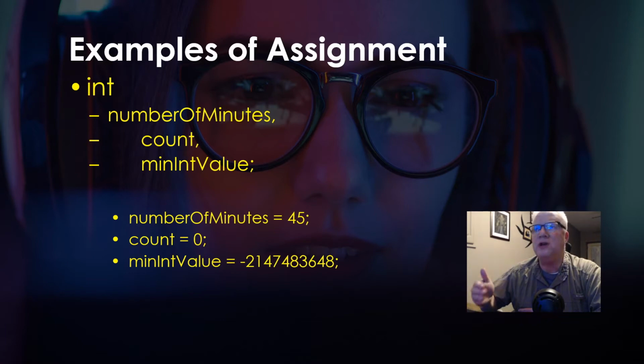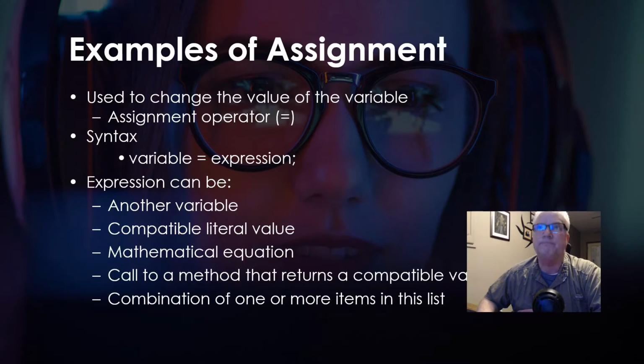So notice we can use that equal sign, and whatever follows it will then be inside of our variable when we call it up. Min int value equals, and notice we used a negative, negative 2147483648. And so we've basically put values into those separate variables of ints that we have there.